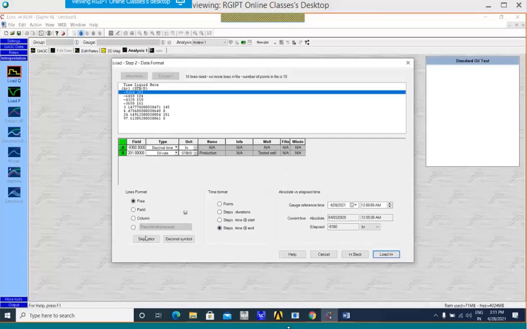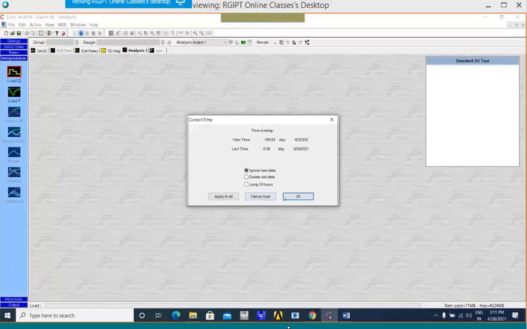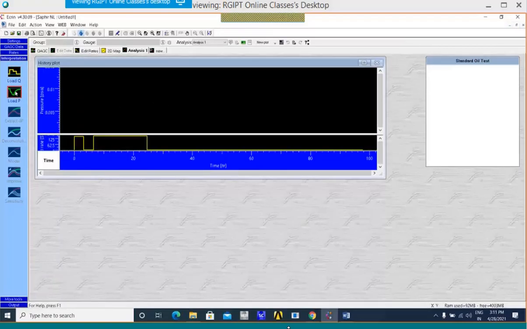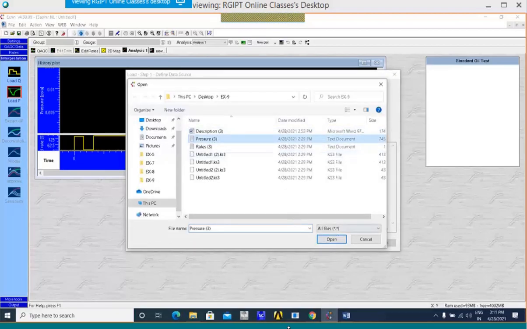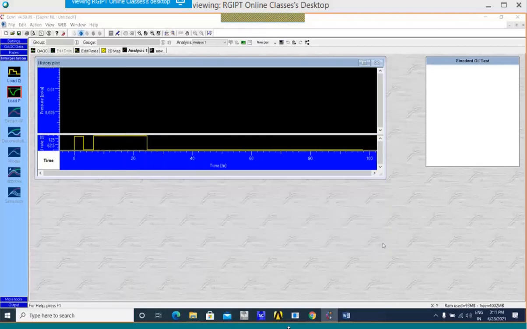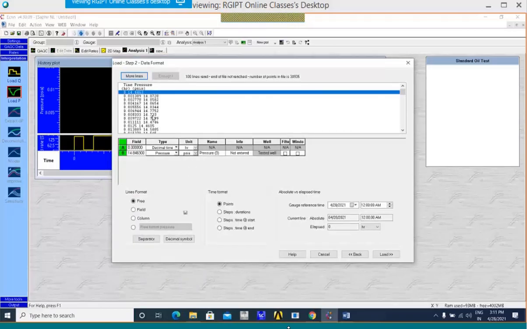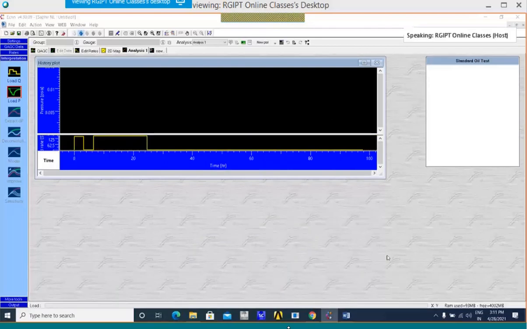Okay, and it is already in the free format, so no need to change anything. We will load this. Then load P. This is also in the free format, so we'll load the same. So now these are the pressure and the rate history plots.